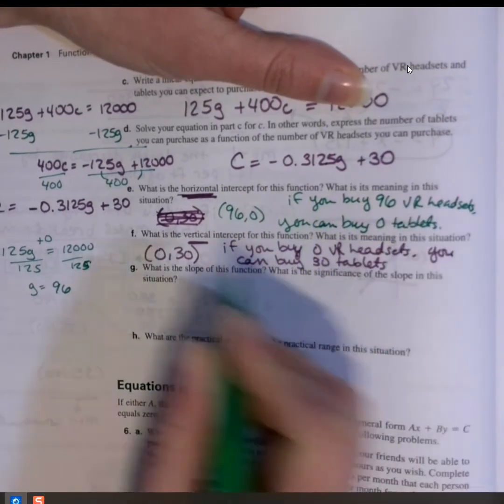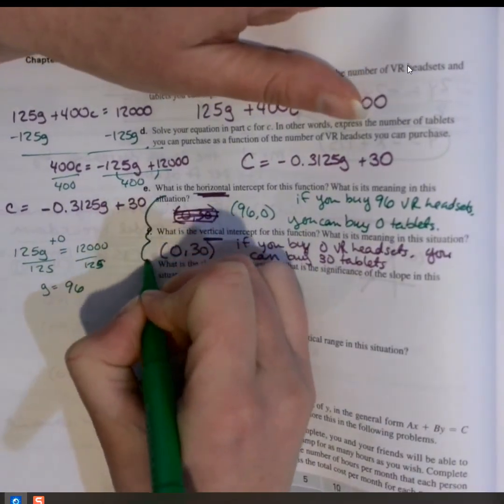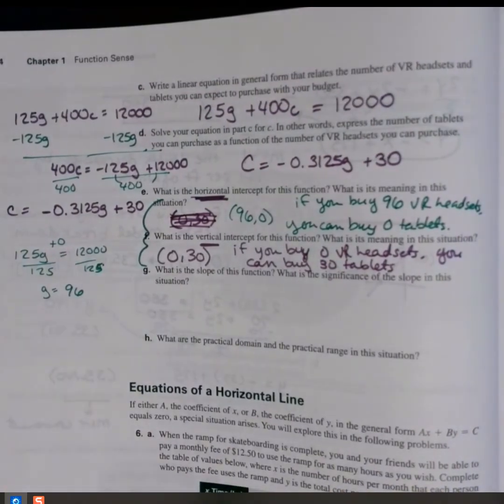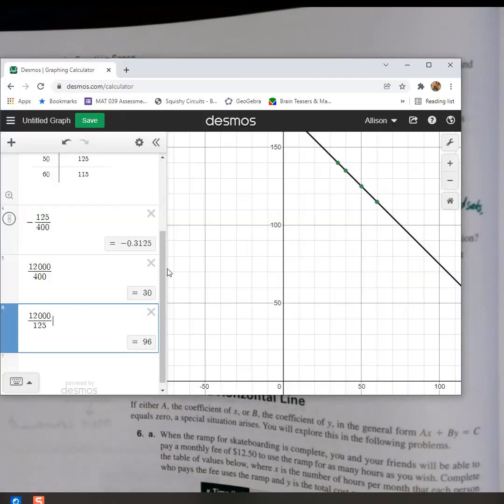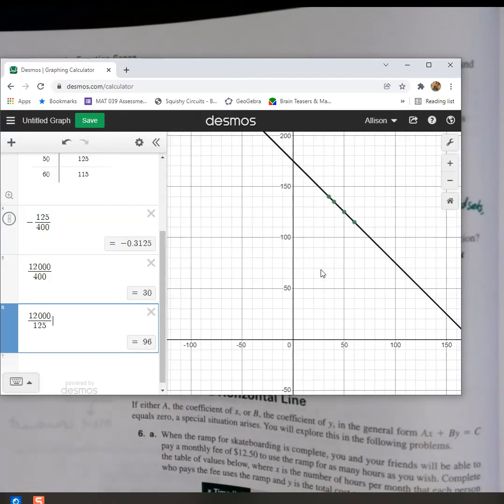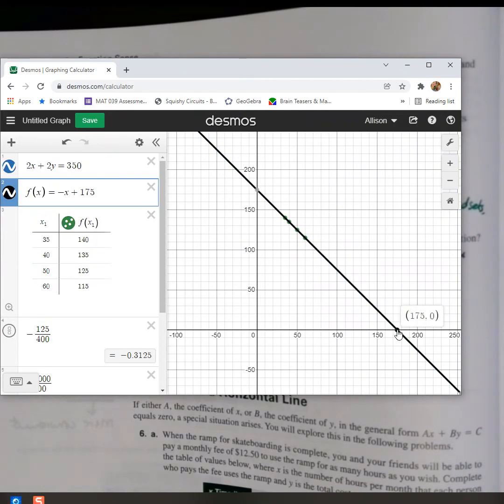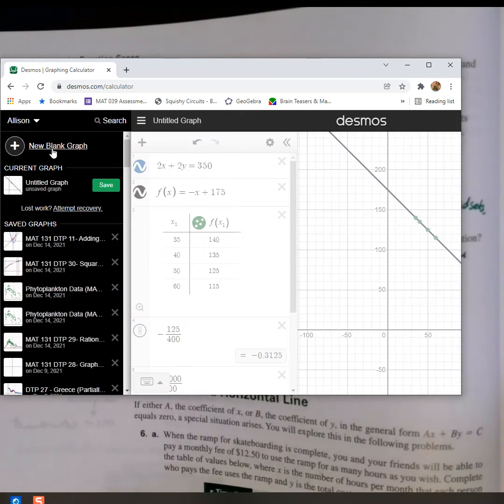All right, now I want to talk about those two graphically instead of algebraically. So back over to my decimals graph. I already had this function graphed, so I could have just taken a look at the intercepts here. I do not have this function graphed. This is the previous function. I better graph it real quick.